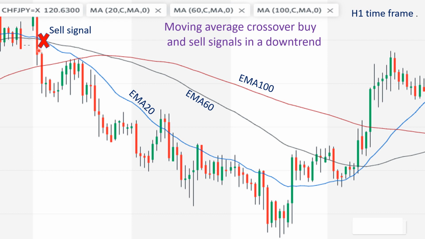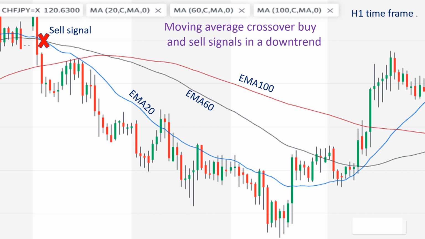So this is the cross of the sell signal. You can exit the market at this point, and you have to make sure that the price stays below this cross section.